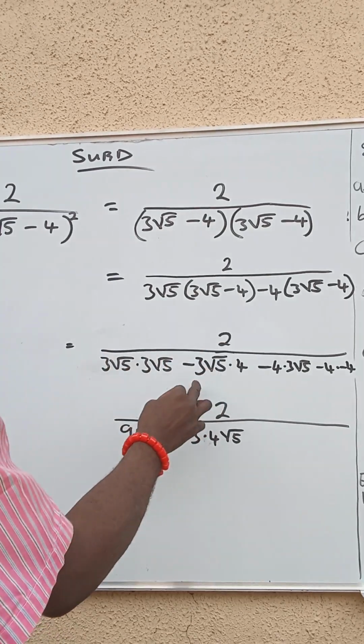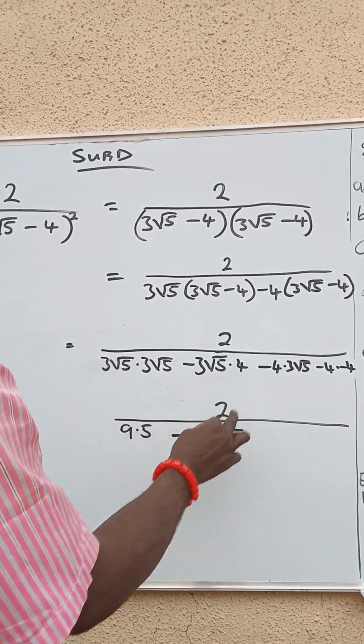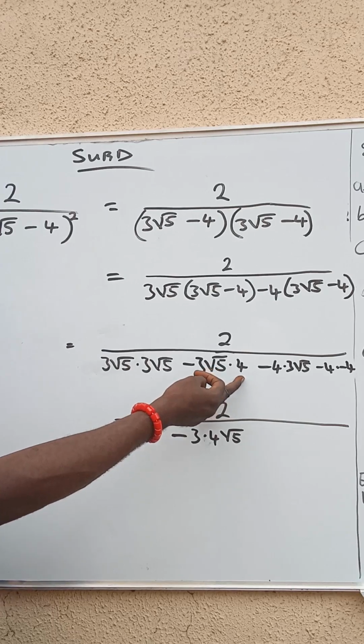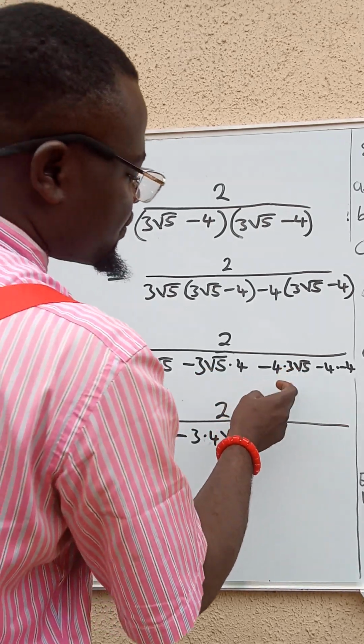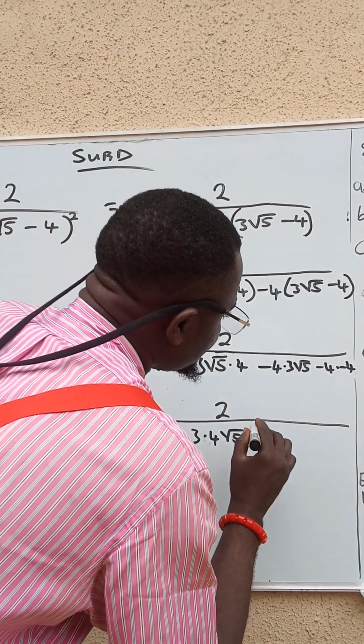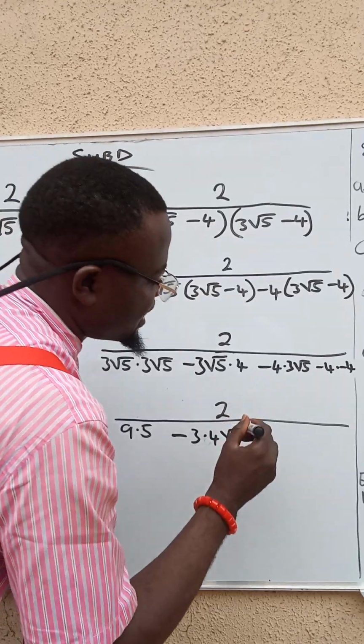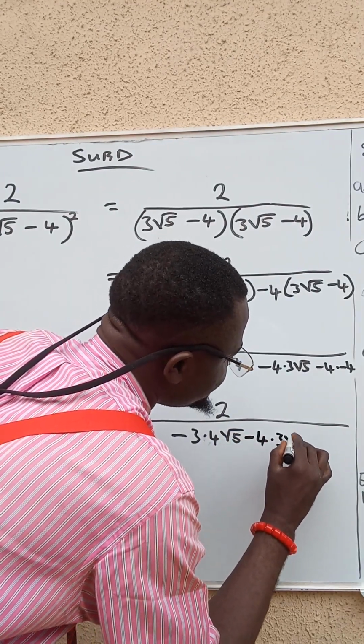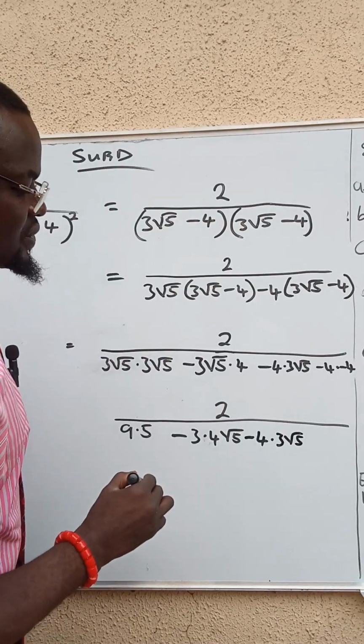This one multiply this. So you have to multiply 3 times 4. That is 3 dot 4. Then root 5, because this one does not have root 5. Minus 4. This one is already together. That is minus 4 dot 3, the same root 5. Good.